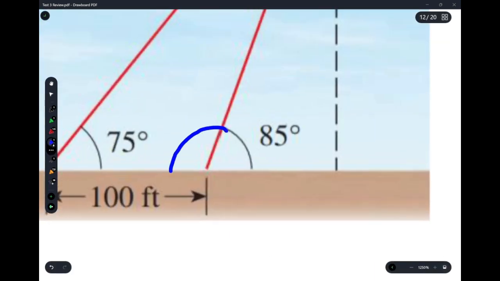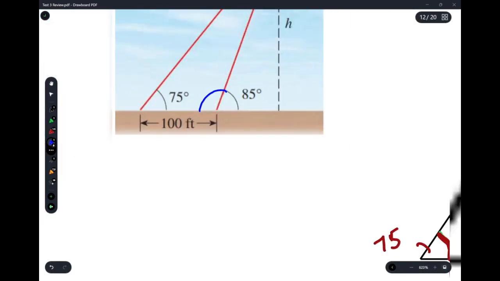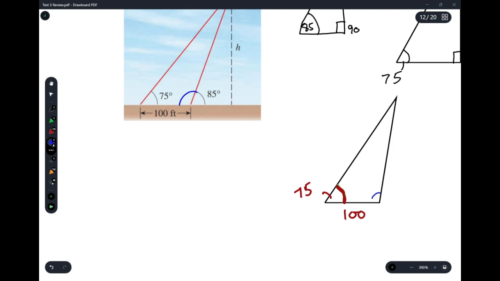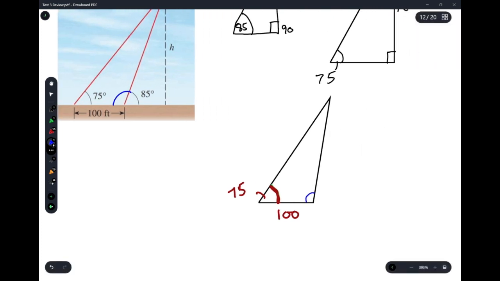You're looking right here and saying that angle has got to be? 180 minus 85 is 95. That tells me something about this one.